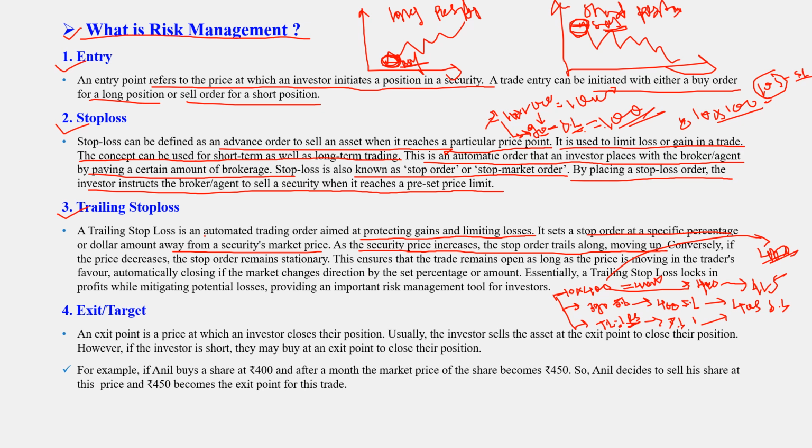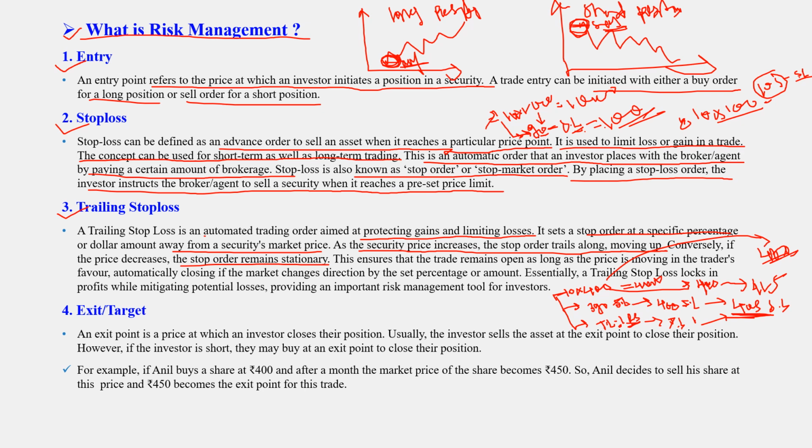Conversely, if the price decreases, the stop order remains stationary. In the uptrend, the gap is maintained through the trailing stop loss, but in the downtrend, the stop loss order remains stationary. It does not move to the downtrend side, right?